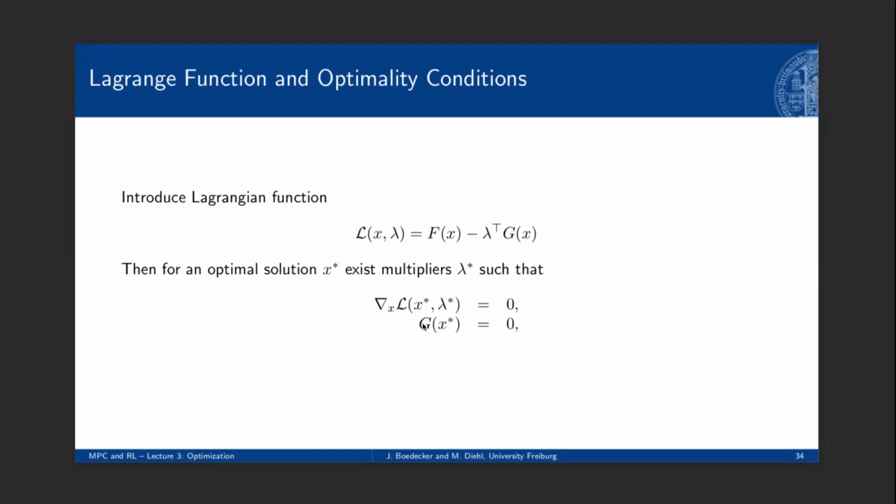But of course, the equalities should also be 0 in order to make this point a feasible point. These two conditions are exactly as many conditions as we have variables. X has as many variables as the gradient of L, and lambda has as many components as the second equation G. G has exactly as many components as lambda.